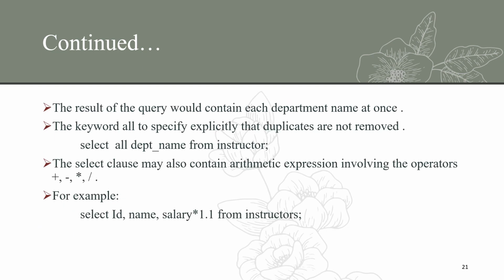The result of the query would contain each department name once. The keyword all is used to specify explicitly that duplicates are not removed. Select all department name from instructor. That means all department names are displayed in the output.